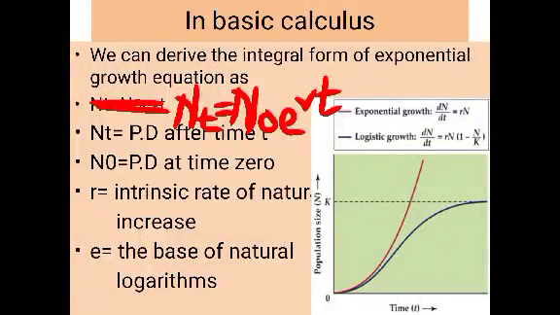In this curve, population size is plotted against time in logistic growth. The blue colored curve is the curve of logistic growth. First the growth shows a lag phase. Lag means a very slow growth occurs.